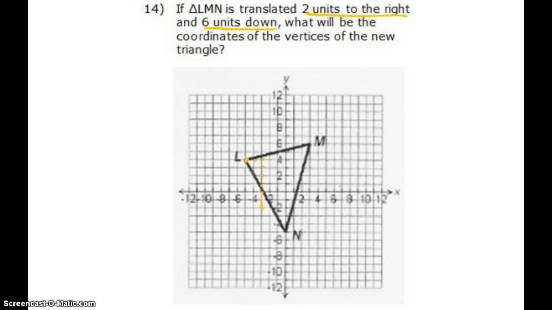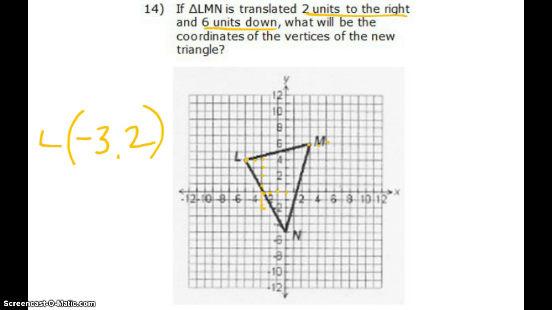So that's angle L. So L is going to be at, what is my x coordinate? It's 1, 2, 3, 1, 2. So negative 3, 2. So L is at negative 3, 2. So here's M. I need to go 2 units to the right, 1, 2.